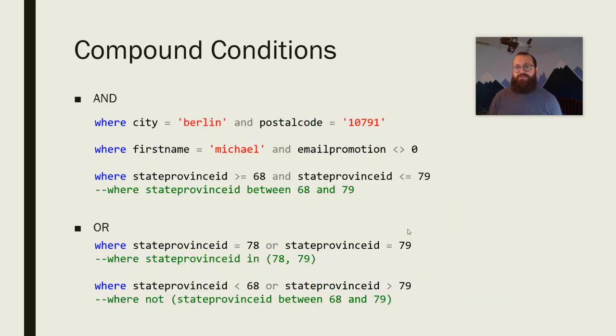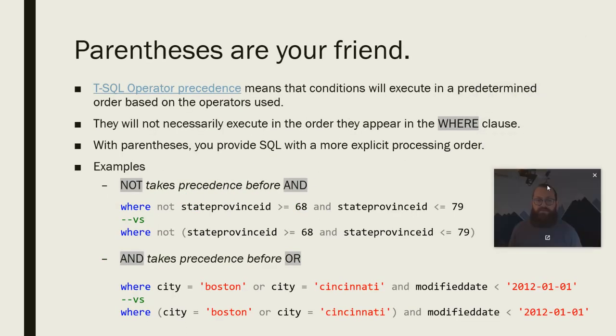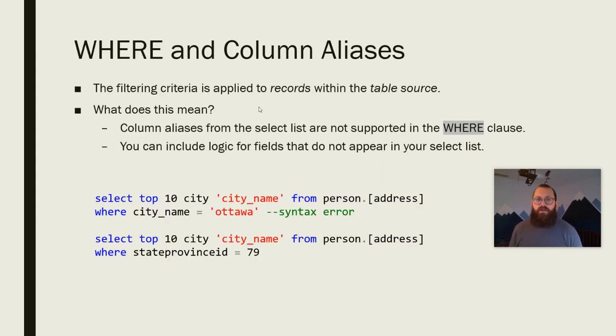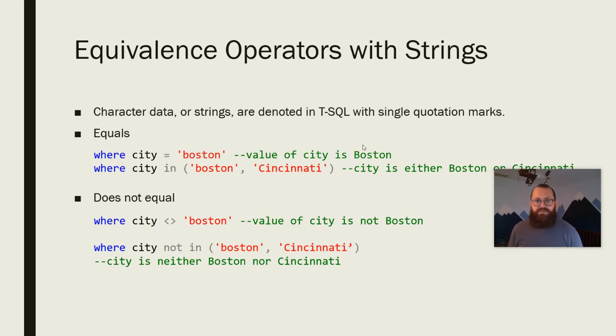Then we'll introduce compound conditions, which is having more than one piece of logic to evaluate. We'll also cover parentheses in SQL and with conditions and why they're important, which really applies to all languages in general. Then we'll cover column aliases and why they're not supported in the where clause, and ultimately go to some examples as well.